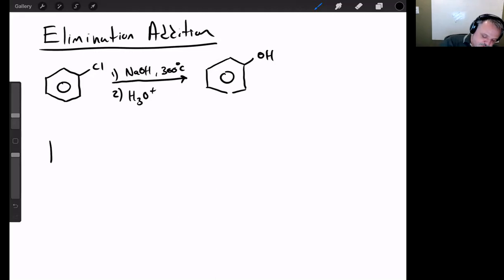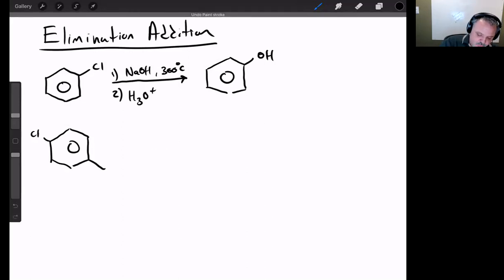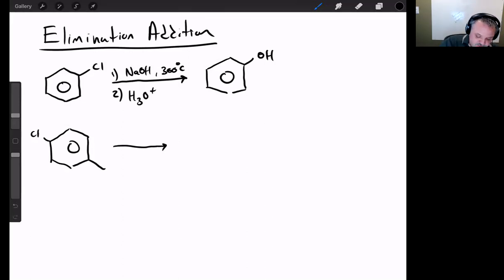Another example that isn't particularly synthetically useful, but establishes the mechanism by which this reaction proceeds, would be something like this, where I have sodium amide in liquid ammonia followed by an acid workup. And this is what we get.